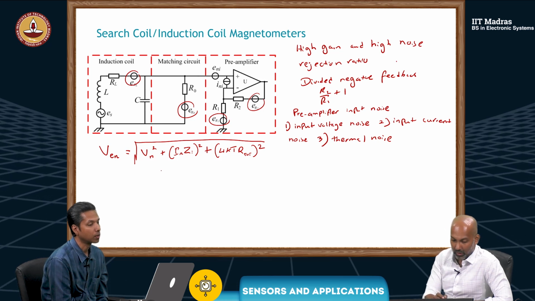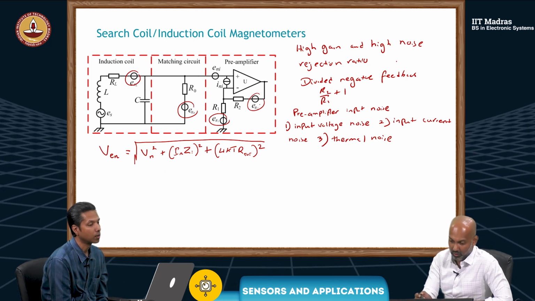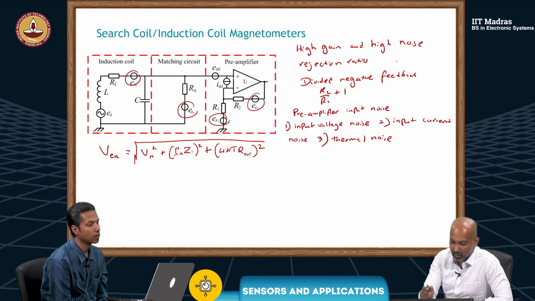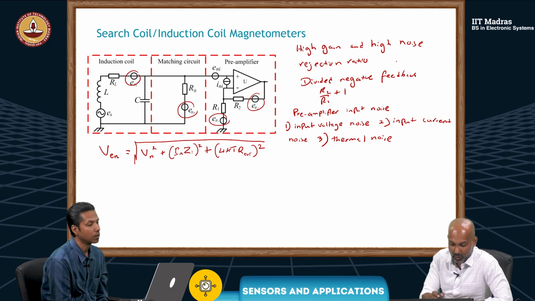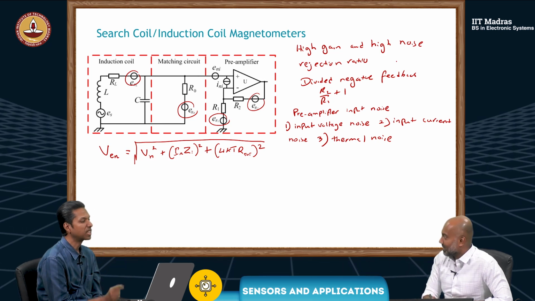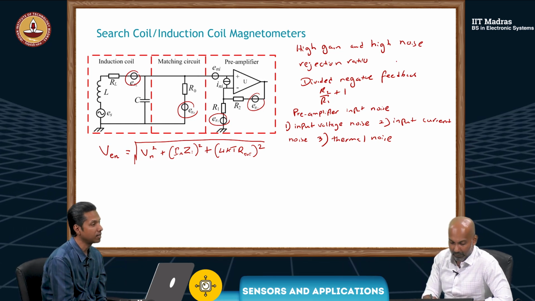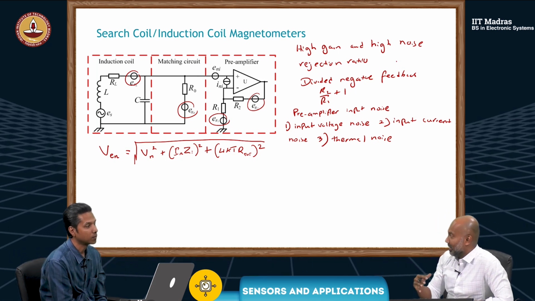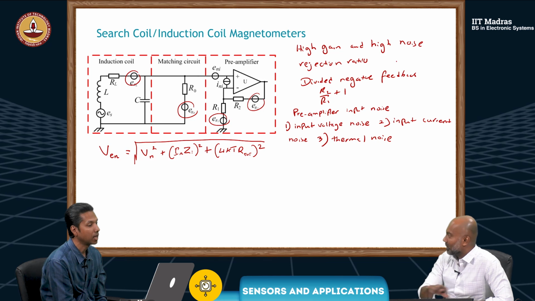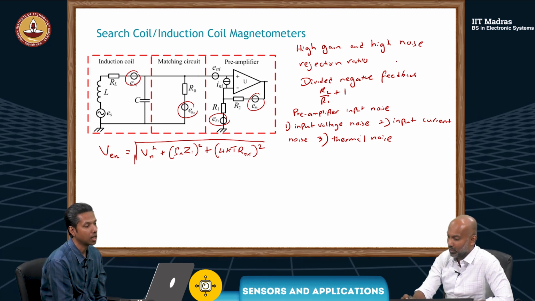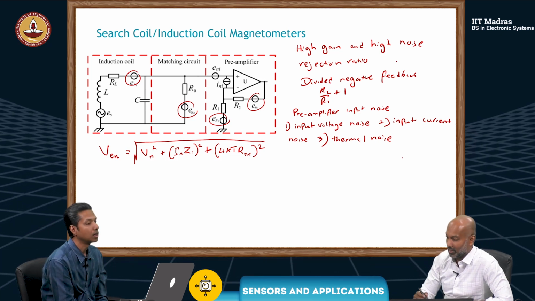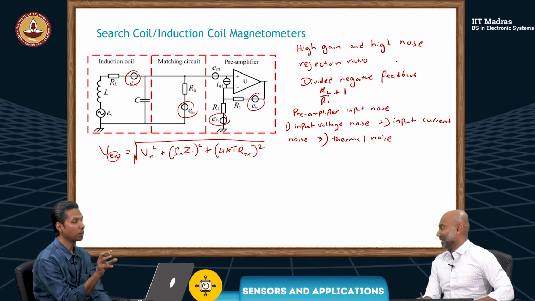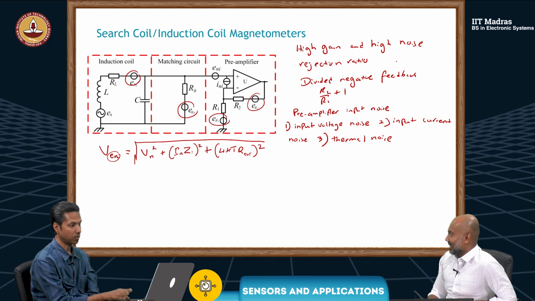Vn is the input voltage, which we don't have shown here. EN is the equivalent noise by the three sources: input voltage noise, input current noise, and thermal noise. So that's this EN, for the op amp itself. Yes, the amplifier itself.